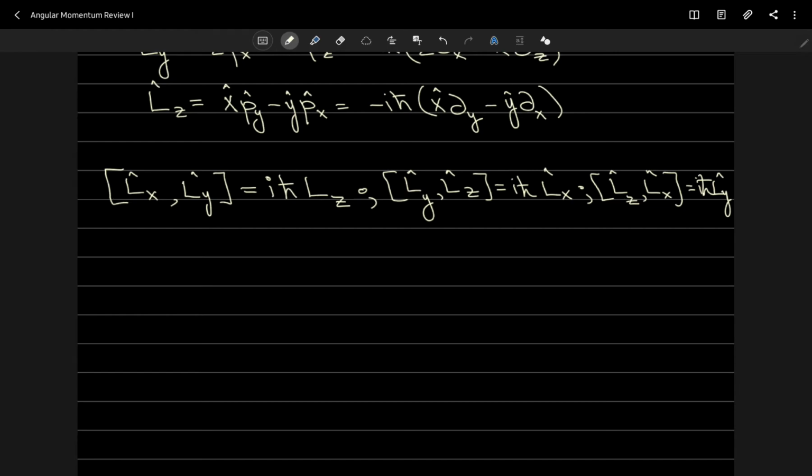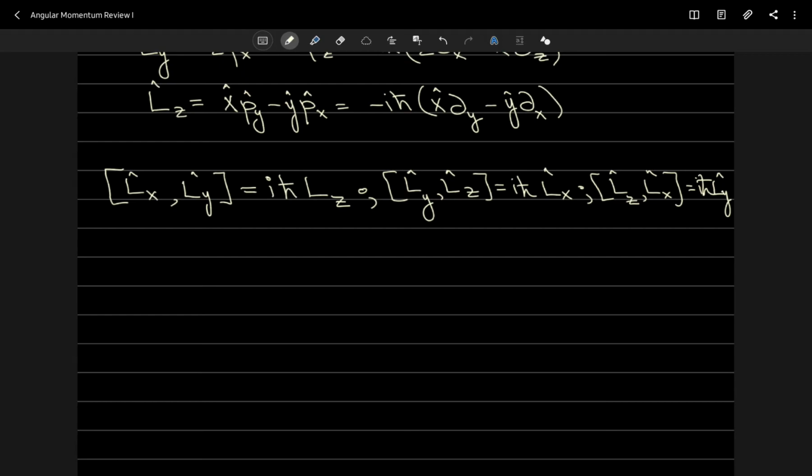And so what this means is that it is impossible to find a representation that diagonalizes more than one of these components. That is, the components of angular momentum cannot be simultaneously measured, right?